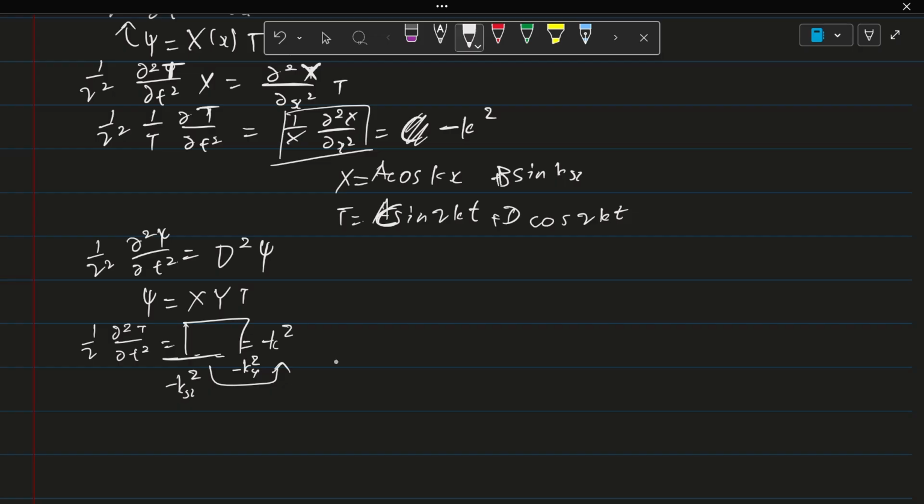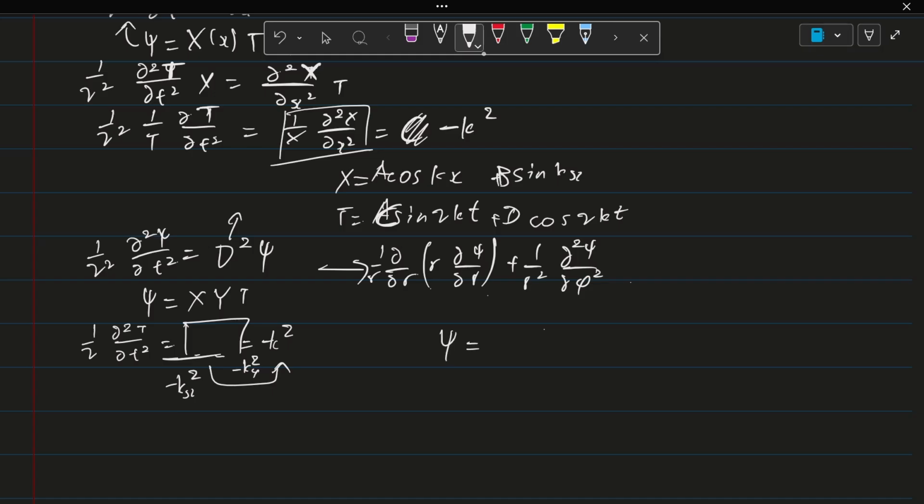Let me show you another type of the wave equation, but instead of looking at this in the Cartesian form, let's observe this in the polar form. It can be converted into (1/r) ∂/∂r (r ∂ψ/∂r) plus (1/r²) ∂²ψ/∂φ².